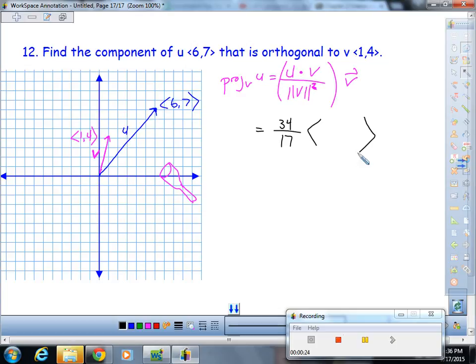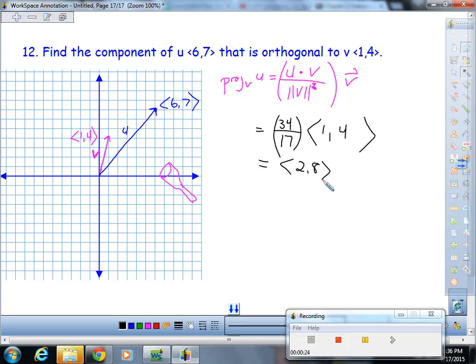So this right here is the magnitude of vector U that is traveling in the direction of the pink vector. So now I just rewrite the pink vector, (1, 4). And then we know that the projection of U onto V is 2 times (1, 4), so it's (2, 8).